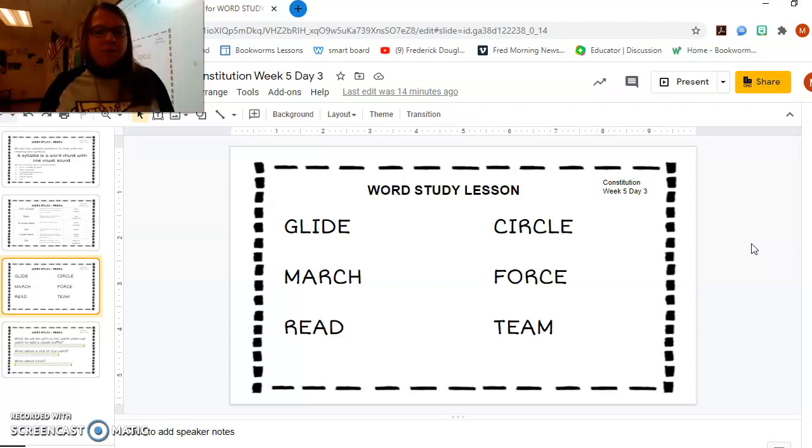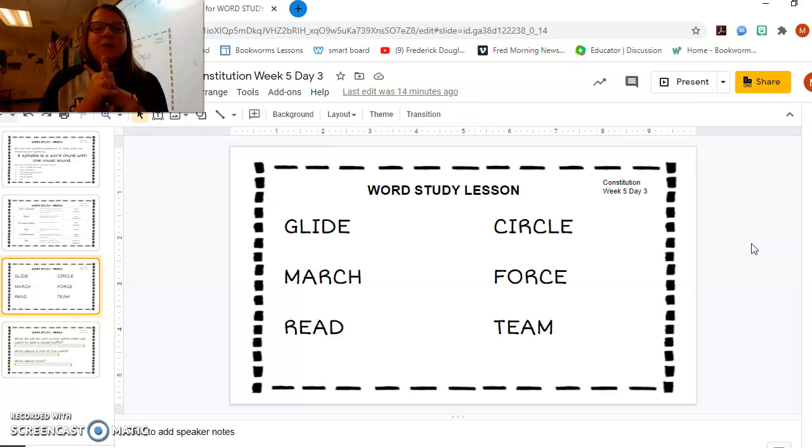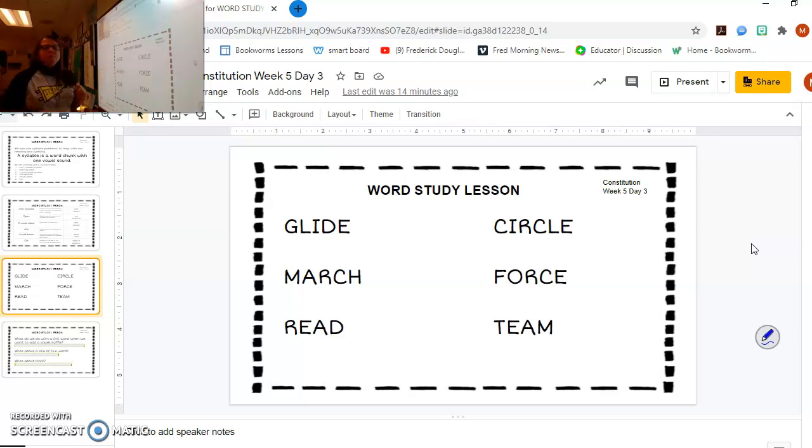Now what we need to do is split them into syllables. So let's try. I usually ask you guys to use your hands and clap. Glide, that is one syllable. Then we mark the vowels, right? Glide, I put the dot underneath the vowel, and I can already see that this is VCE, vowel consonant E.